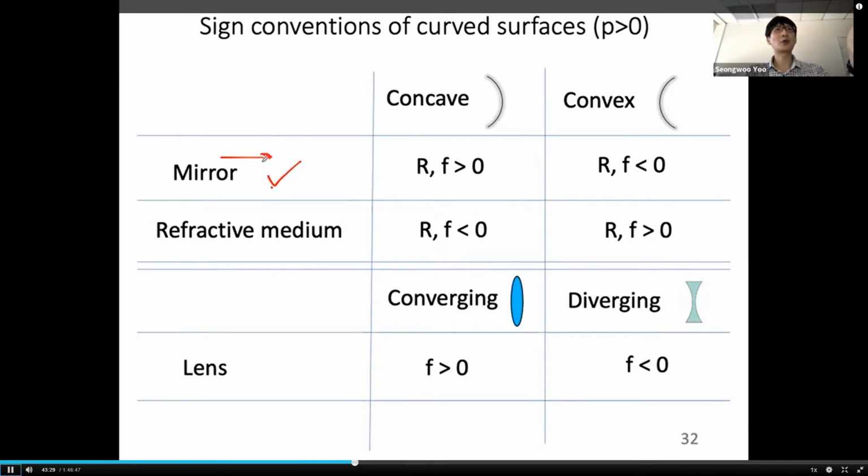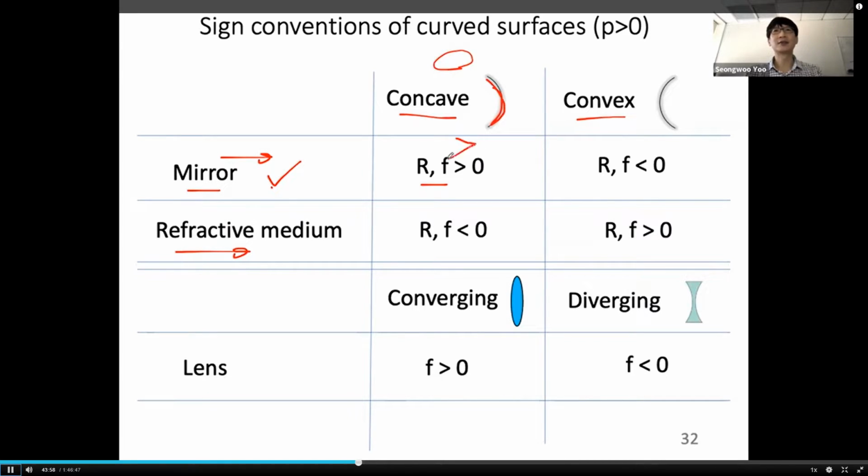So this first row represents the mirror, and the second row is for the refractive medium. The first column has the concave shape, and the next column shows the convex shape. Now, the radius as well as the focal length will just copy the shape of this curvature.